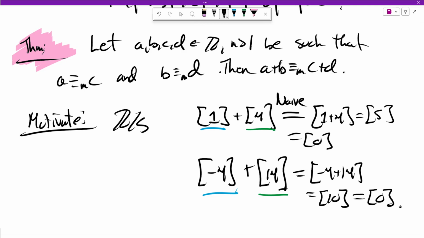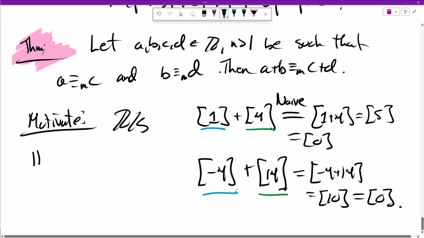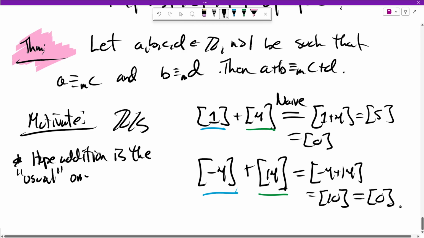So if we want to define addition modulo m, that is, if we want to look at arithmetic in this weird set Z mod m, then we would hope that the addition comes from normal addition, firstly. So we hope that addition is the normal one, where I'm going to put usual in quotes, meaning it comes from the addition in Z. But there's a well-definedness problem.